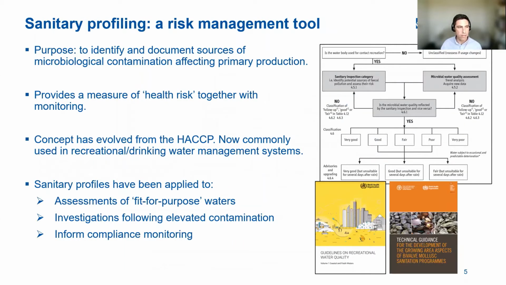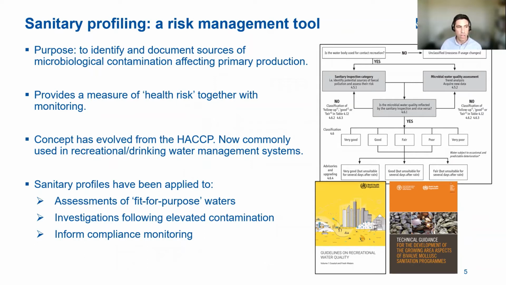So this next slide introduces the idea of sanitary profiling. Essentially, this is an appraisal tool, a risk assessment tool, that gives us a human health risk assessment for the primary production environment. Sanitary profiling really evolved from the HACCP principles, which were initially developed for food processing industries to ensure sanitary controls in production steps.